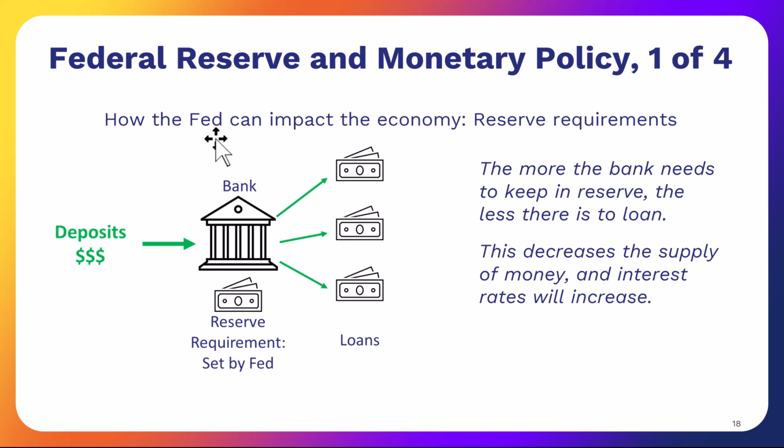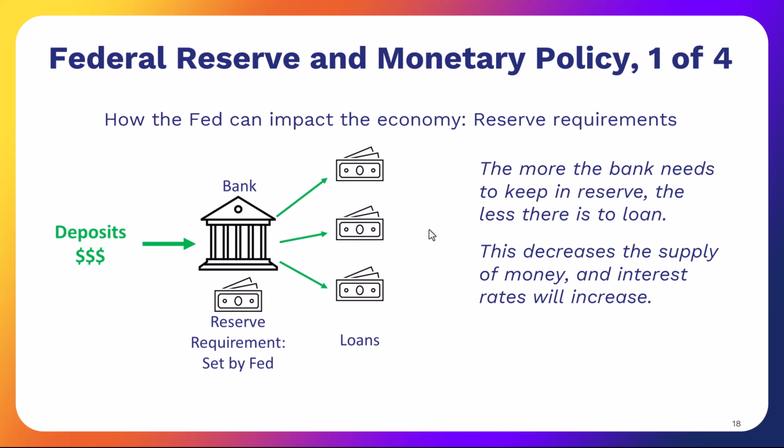So how can the Fed impact the economy? There are three main tools to control the money supply, right, and to influence interest rates. The first is what's referred to as the reserve requirement. Banks are required to hold a certain percent of their deposits in the vault.